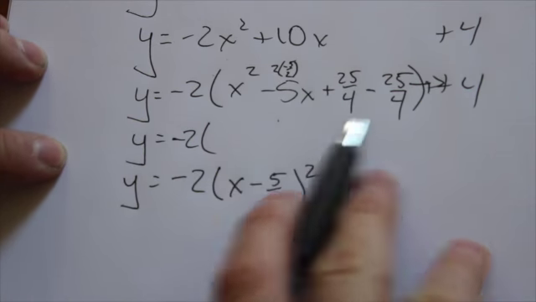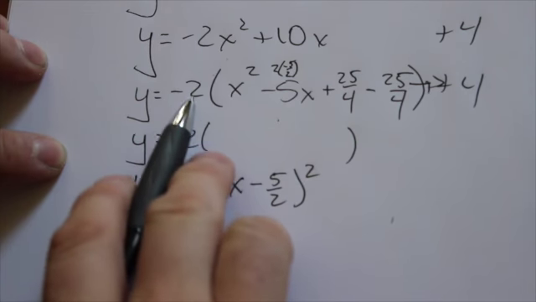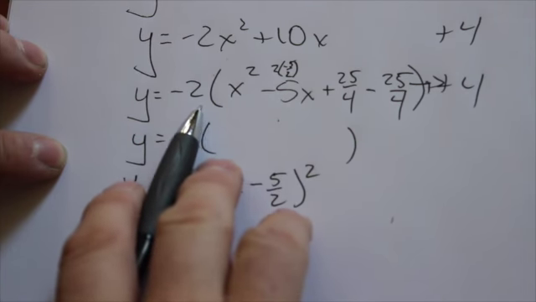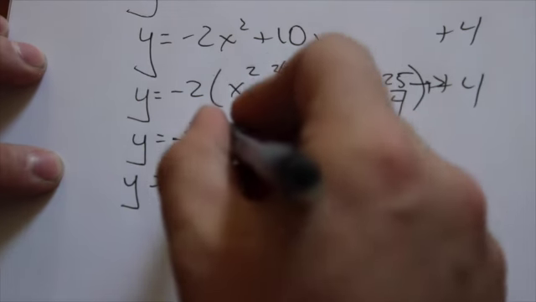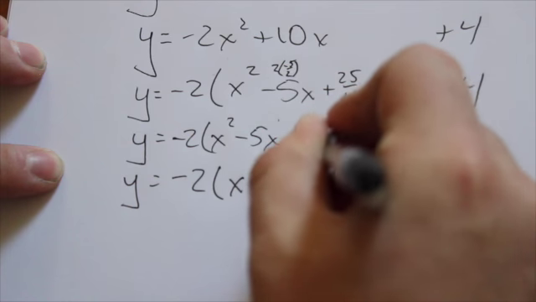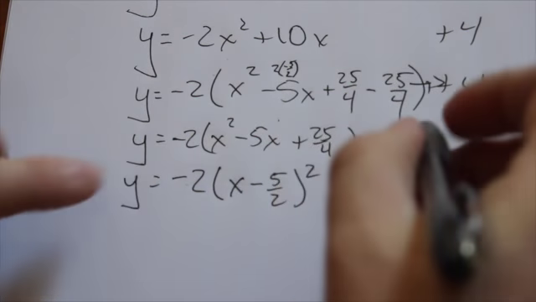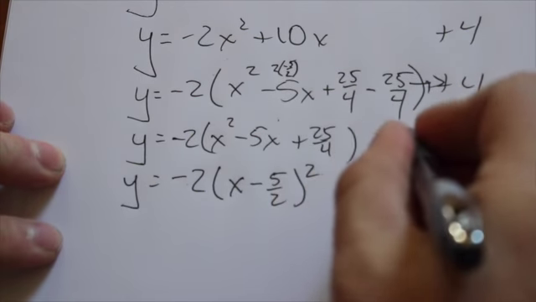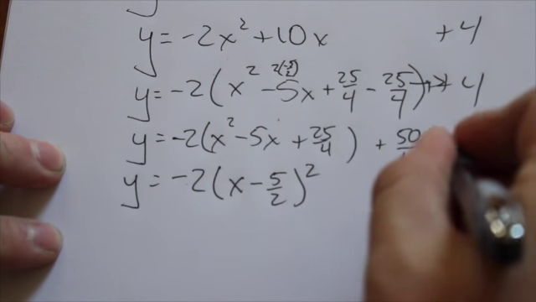The only way to get something out of a set of brackets is to apply that rule to every one of those terms. So inside we're left with x squared minus 5x plus 25 over 4, and when I multiply that through, that gets me positive 50 over 4 plus 4.